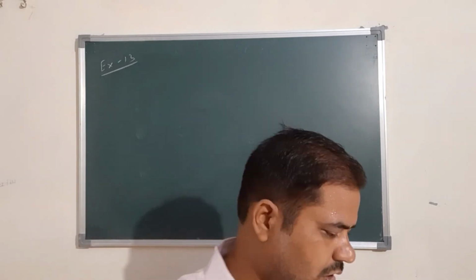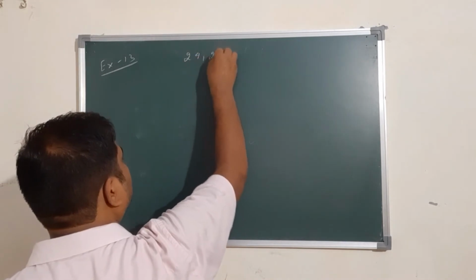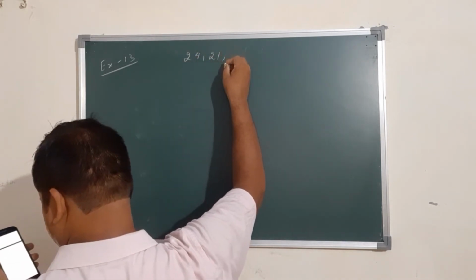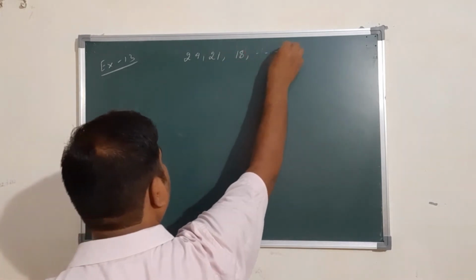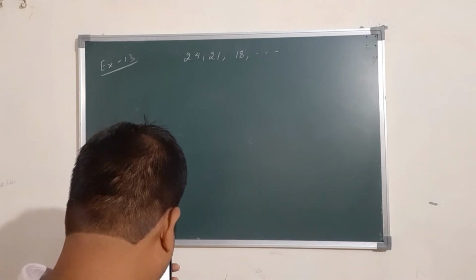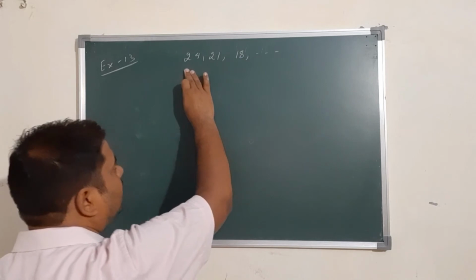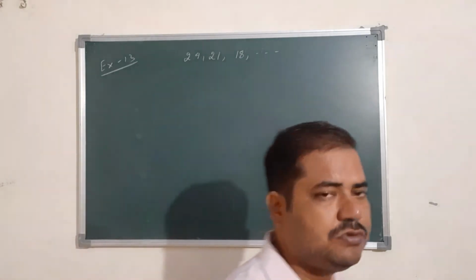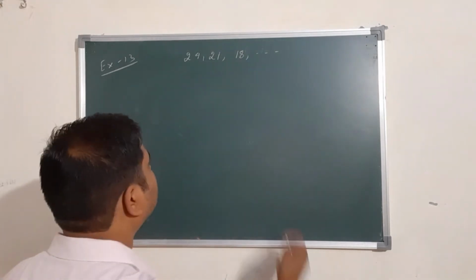How many terms of the AP 24, 21, 18 must be taken so that their sum is 78? How many terms of this AP have to be taken so that their sum is 78?